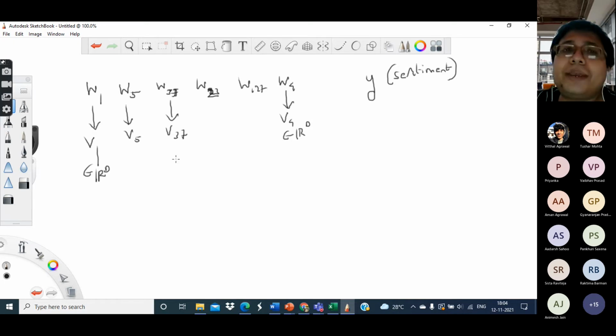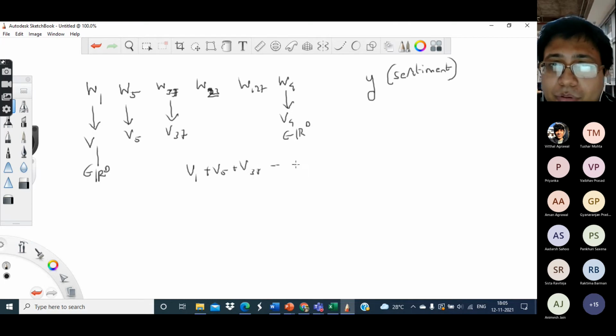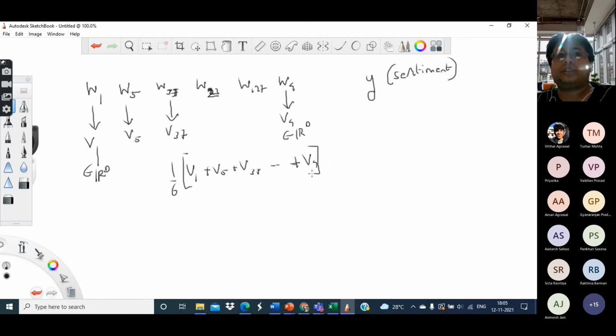You may be tempted to think: why don't I do V1 plus V5 plus V37, all the way up to plus V4, add them up and maybe divide by the length of the sentence? Basically, I take an average of all the word embeddings and use it as the sentence representation.